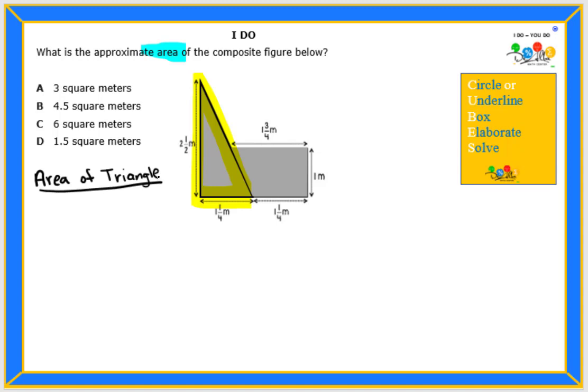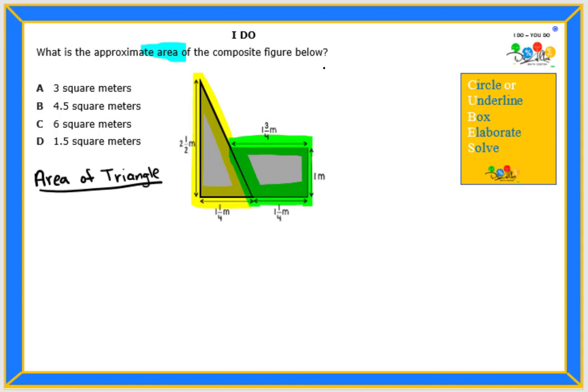The second figure that I see is this figure right here. What shape do you think that is? That is a trapezoid. Good. It only has one pair of parallel sides that are opposite to each other.